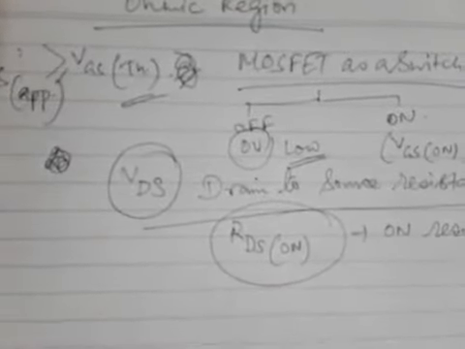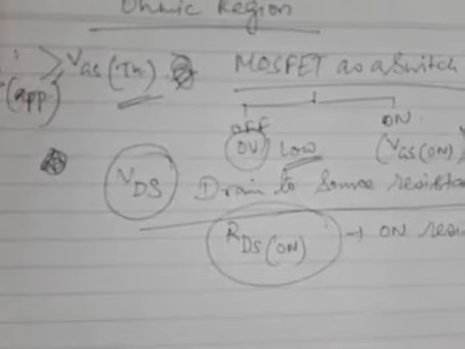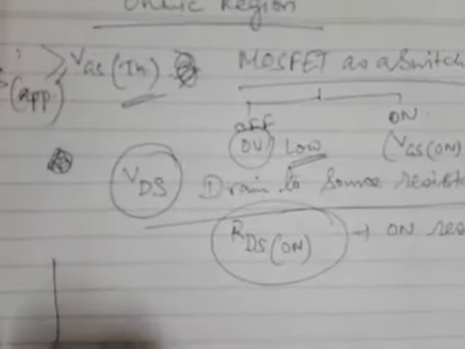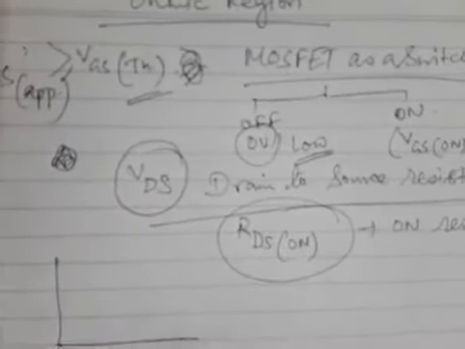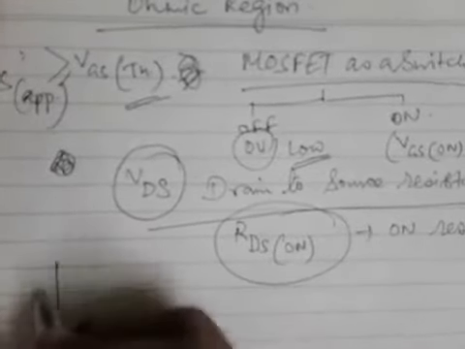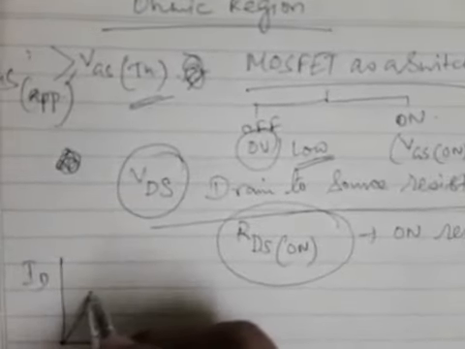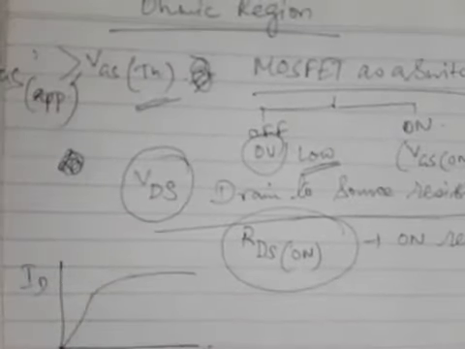Now let us draw a particular diagram to understand the value of RDS. Suppose this is VDS and this is ID, and this is the characteristic curve.